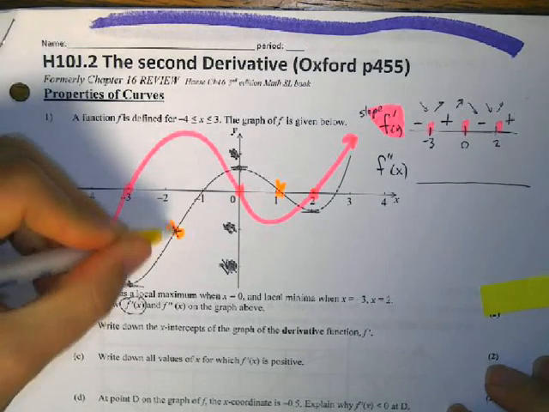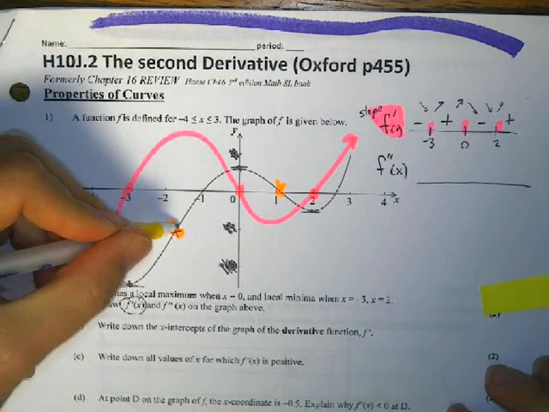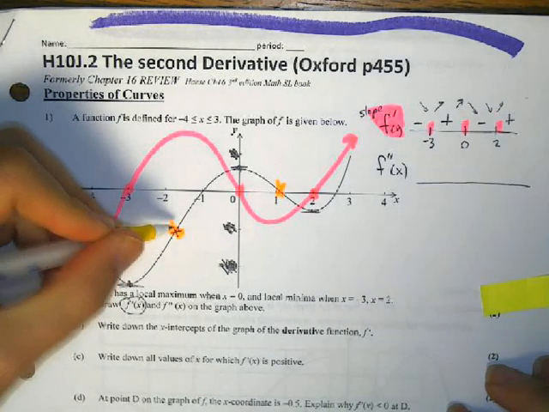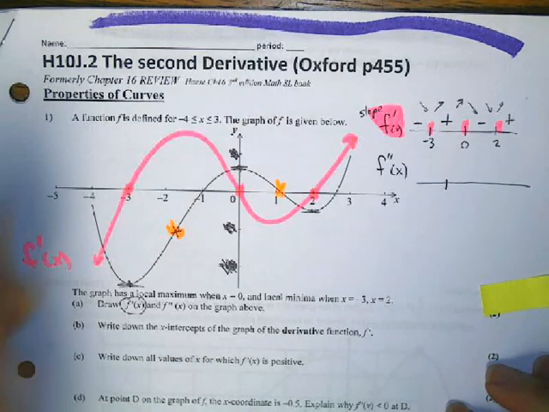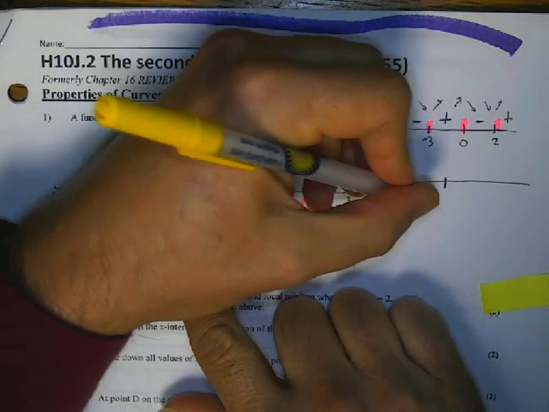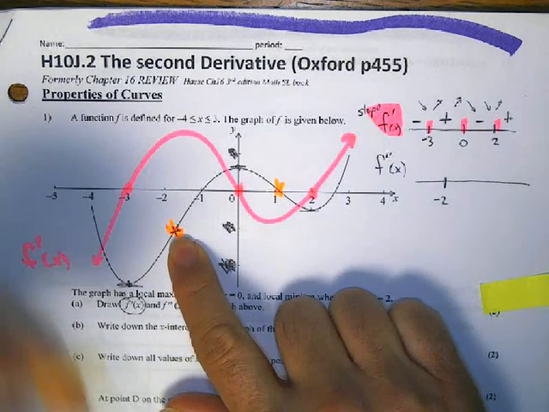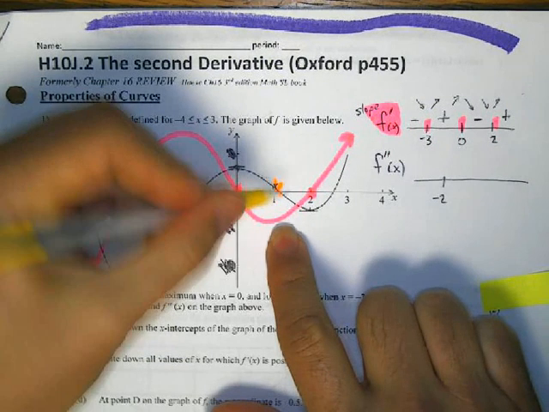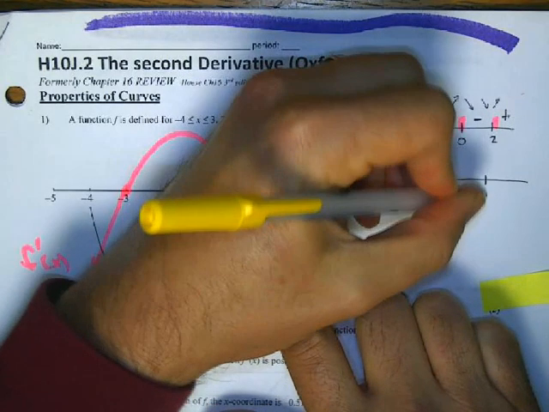Let's call that -2, and then right here, let's call this 1.